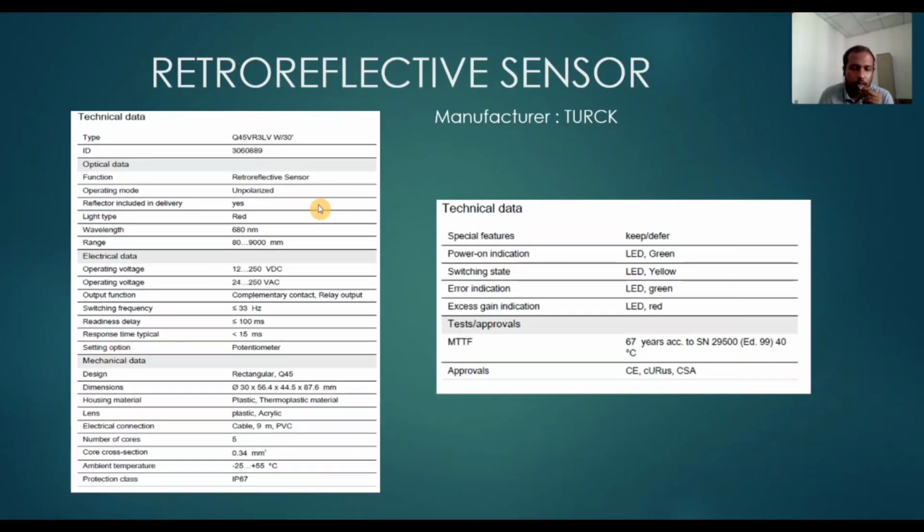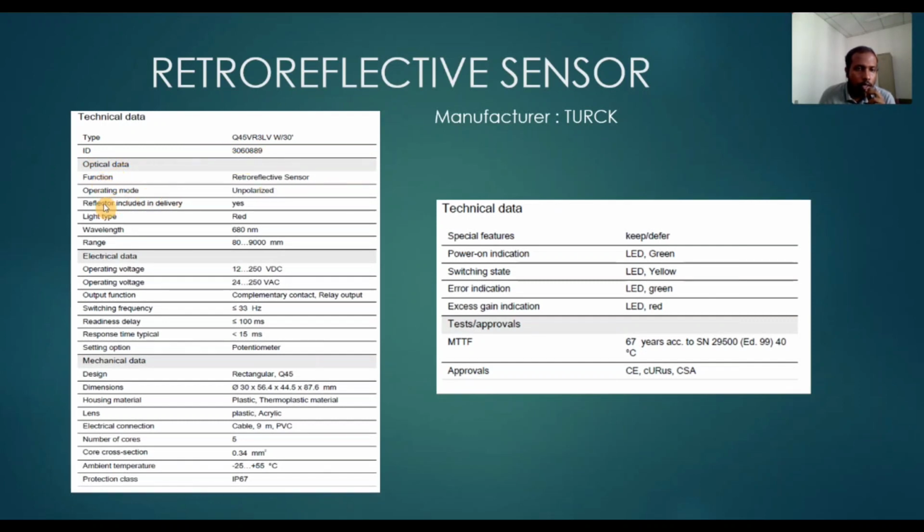And for the retroreflective sensor, the datasheet manufacturer is TUC. Technical data: type is Q45VR3LV, ID is 3060889.